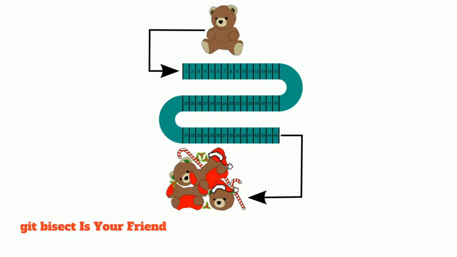Using bisection, which uses math, which I don't usually trust, but in this case, I guess it's right, the correct place to start is in the middle. You open that door and ask, is the bear correct or incorrect? If it's correct, you know the problem is further on down the line. If it's incorrect, you know the problem happened upstream somewhere. Then you can keep bisecting. It's a really quick way to get to the problem.